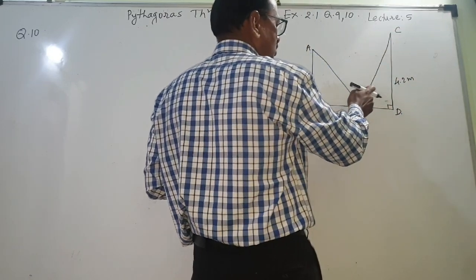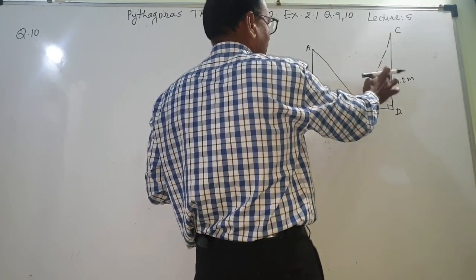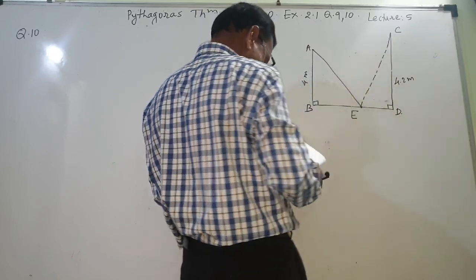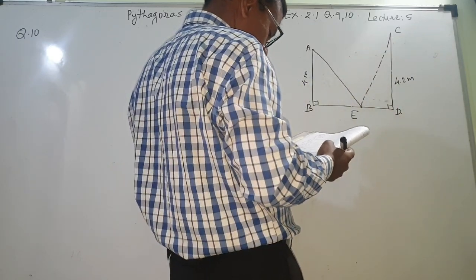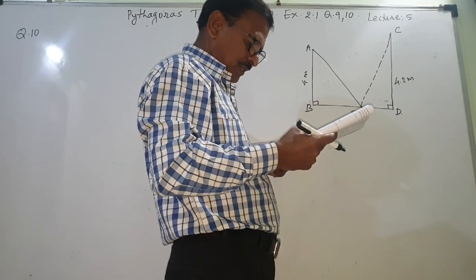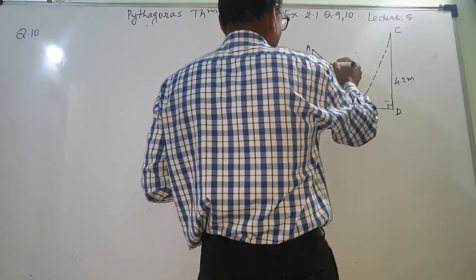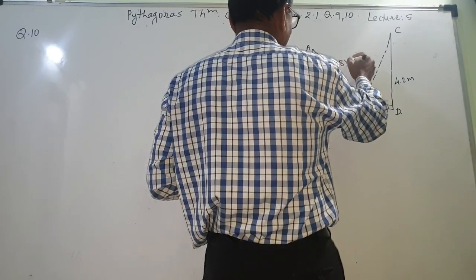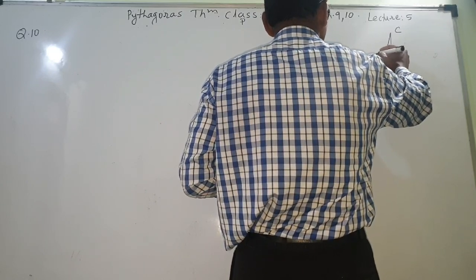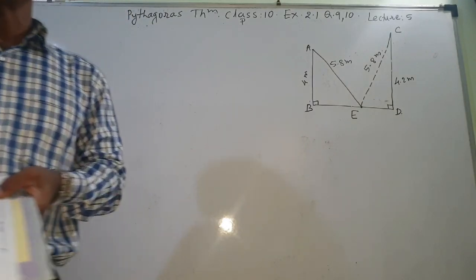These are the two positions of the ladder. Once this position and then this position. The ladder is 5.8 meter. This is also 5.8 meter. So find the width of the street.